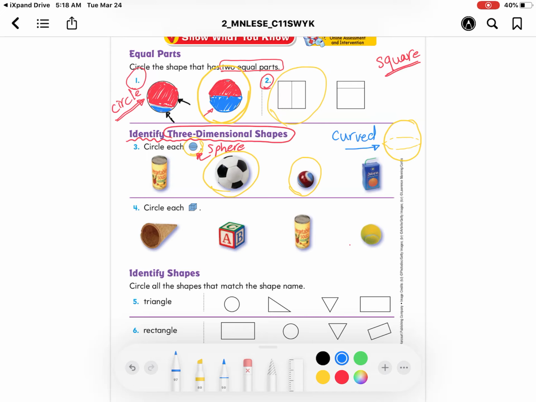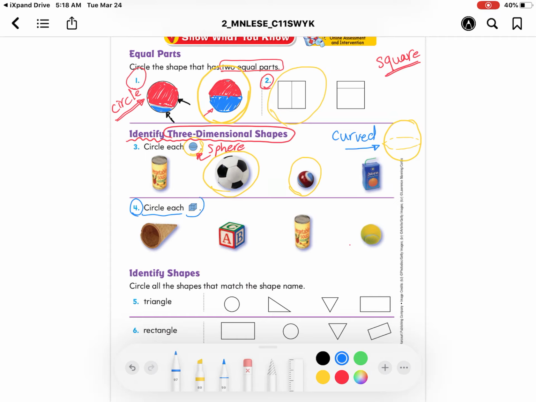Can it roll easily? No, of course, because it's not curved. Only the curved shapes can roll. So a sphere can roll and it has a curved shape. Now let's see the next question.